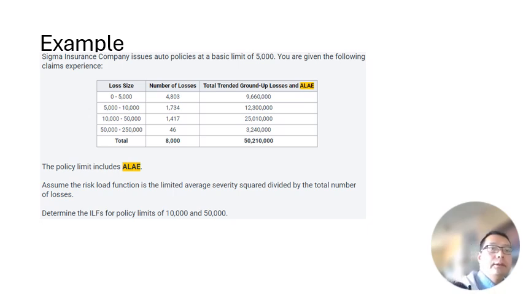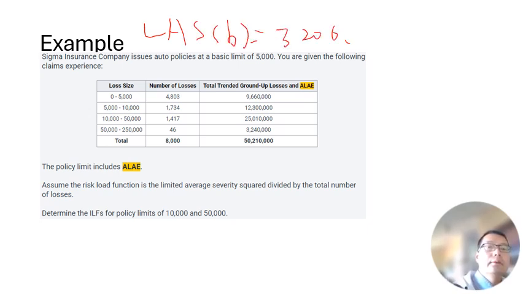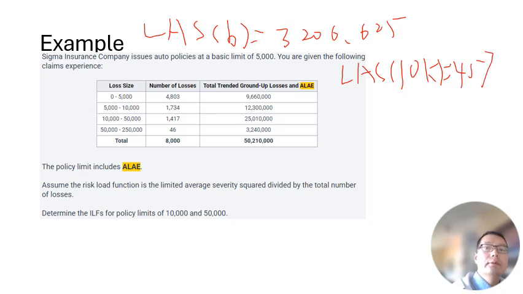Earlier we already calculated the LAS for the basic limit as 3206.62, the LAS for 10K as 4573.75, and the LAS for 50K as 6158.75.